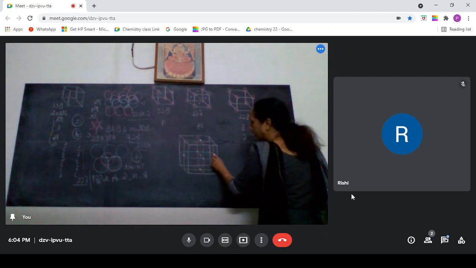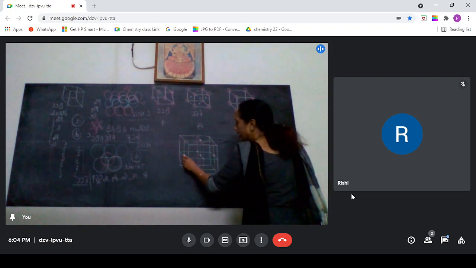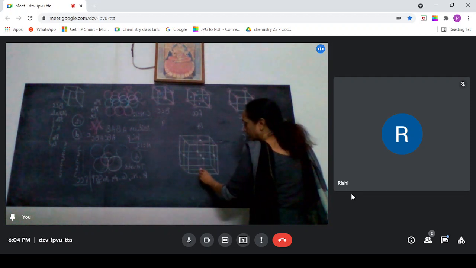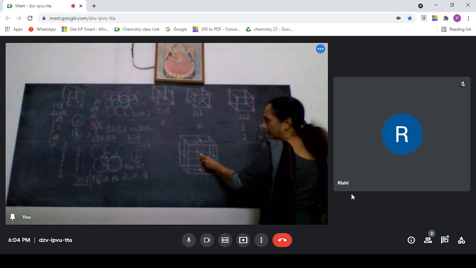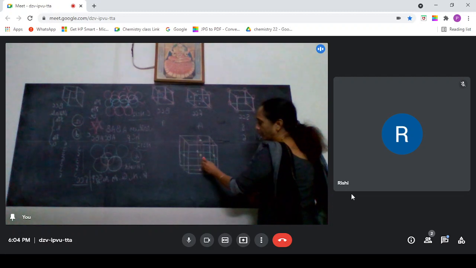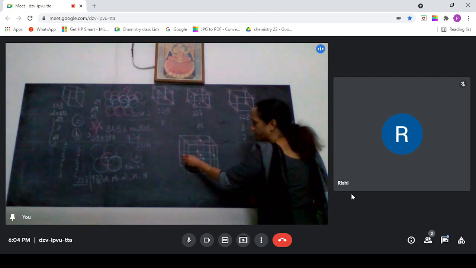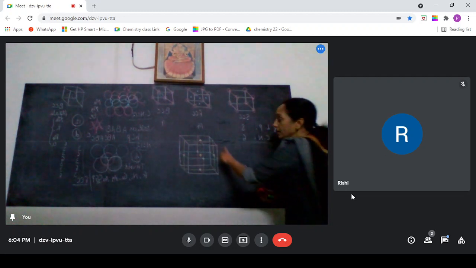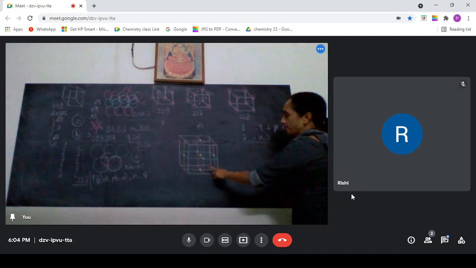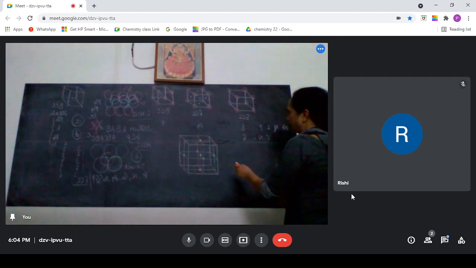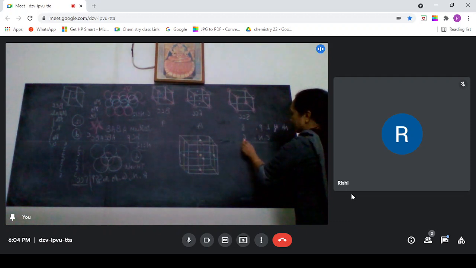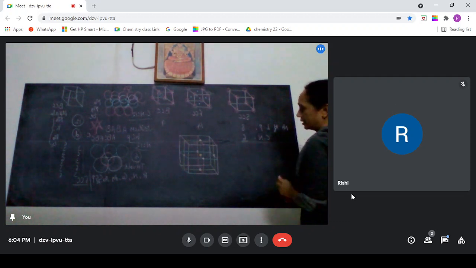So this particle is nearest neighbor to, write down this, Rishi, 1, this particle, I am talking about the center particle. This is nearest neighbor to 1, 2, 3, 4, 5, 6. This is a simple cube. So, the particle at the center has nearest neighbors 6. So, coordination number is 6.